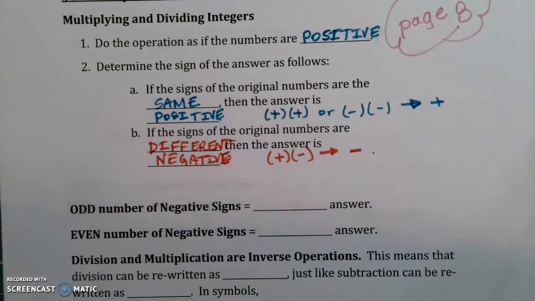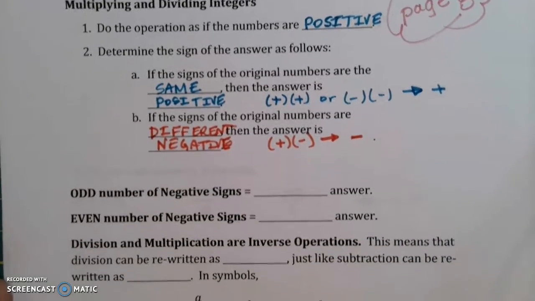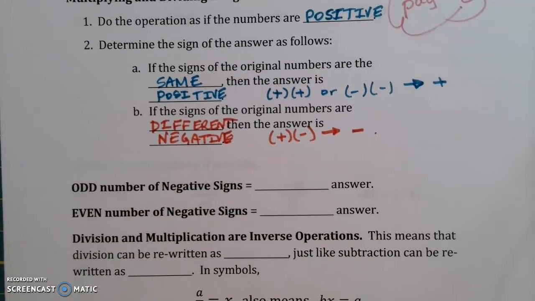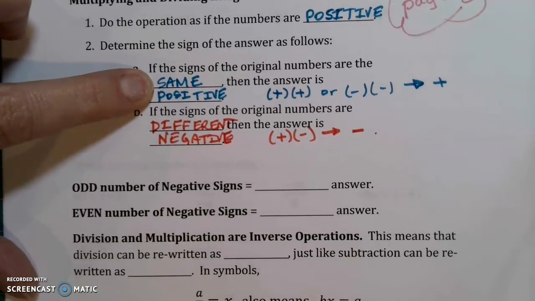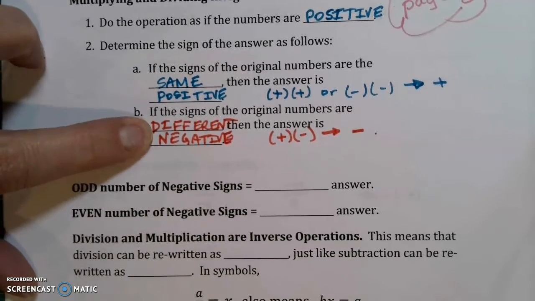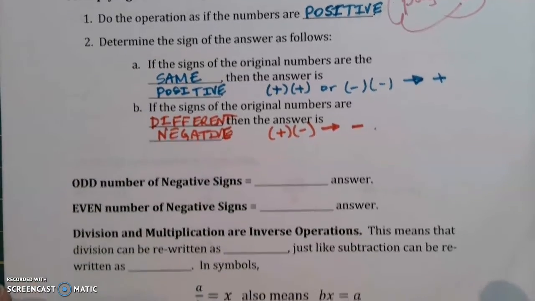And it doesn't matter what the number is. It doesn't matter what the number's absolute values are. That is only a concern when we are looking at adding and subtracting. So in this way, multiplication and division is a little easier because we just do the multiplication or division as if the numbers are positive and then decide if the signs are the same, it's a positive answer. If the signs are different, it is a negative answer.